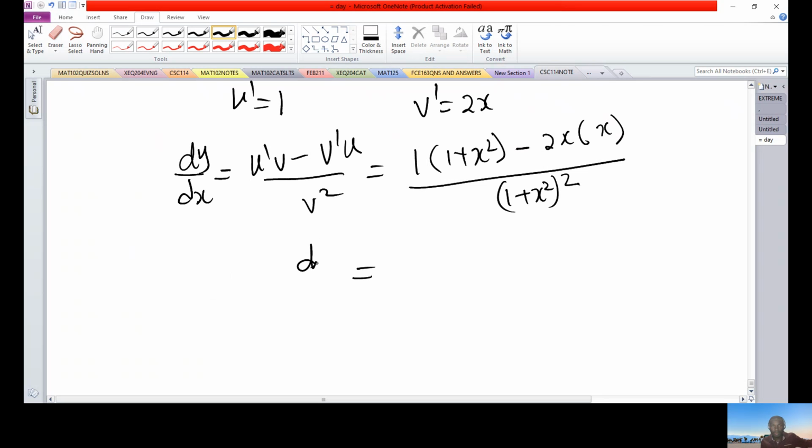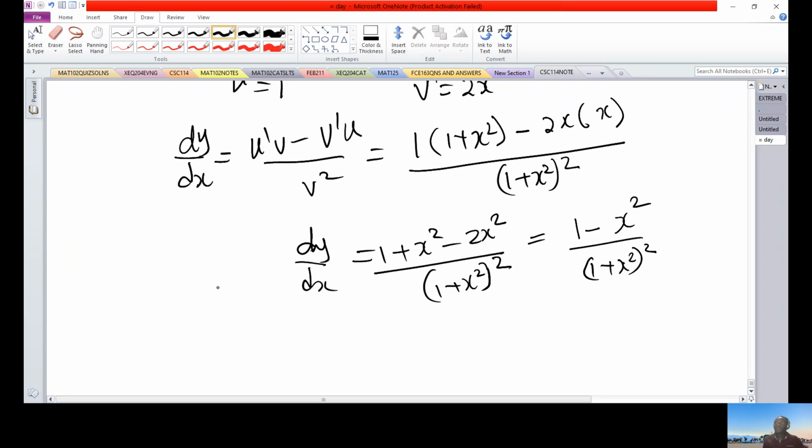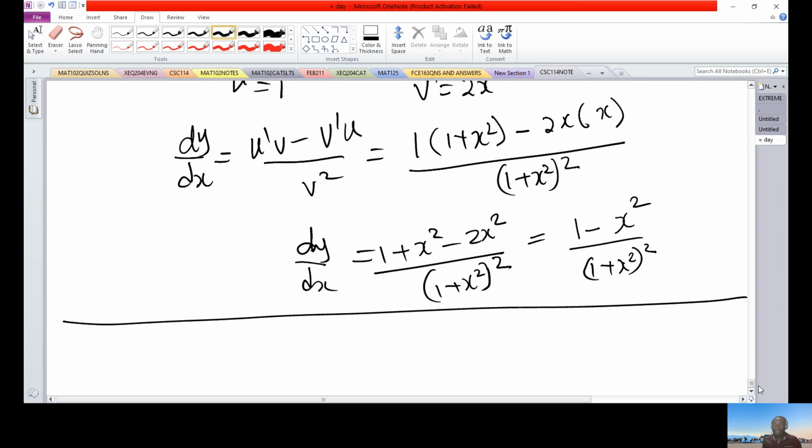So this will give us dy/dx = (1 + x squared - 2x squared) over (1 + x squared) squared. Now this will give us (1 - x squared) over (1 + x squared) squared. So that becomes the derivative of that function.